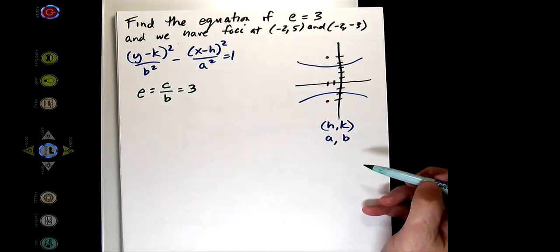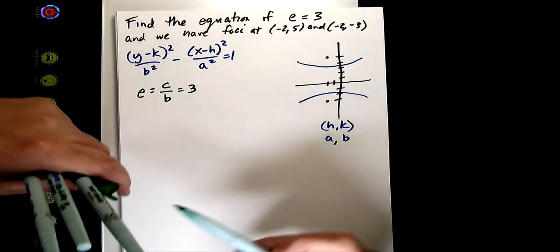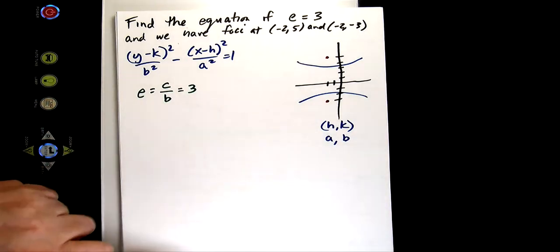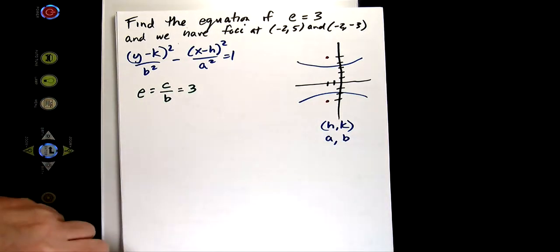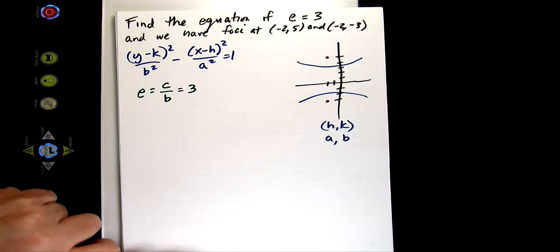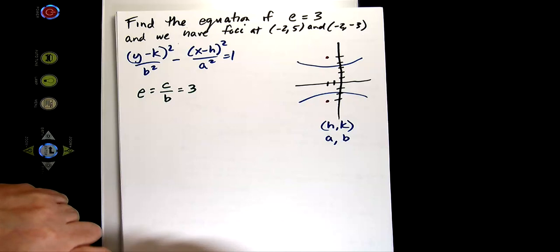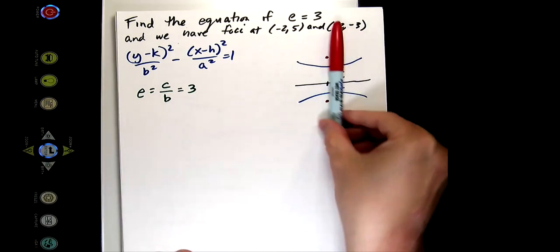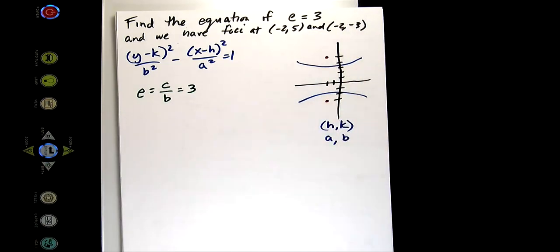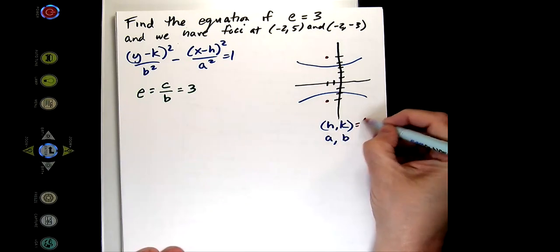Can I find C? Maybe it will help if we find the center first. I know the center's got to be along that x equals -2 line, because the foci are along it.